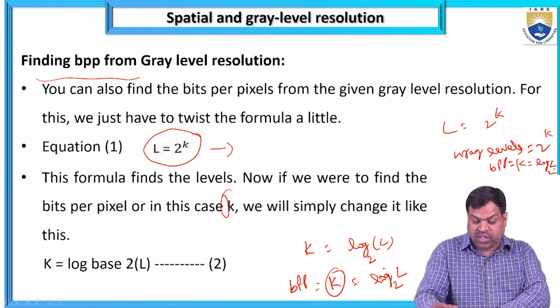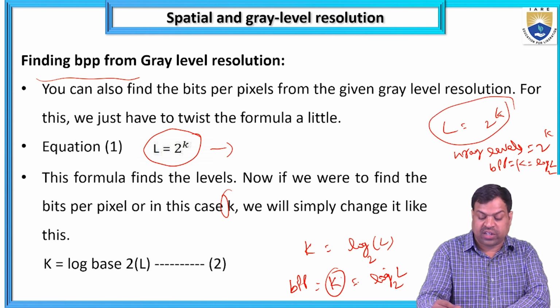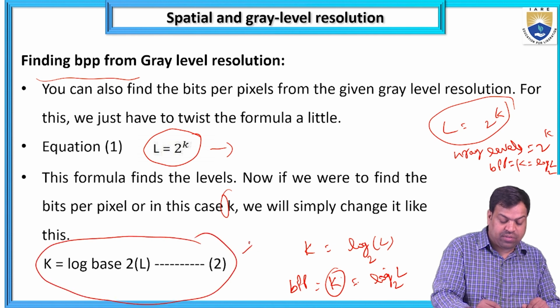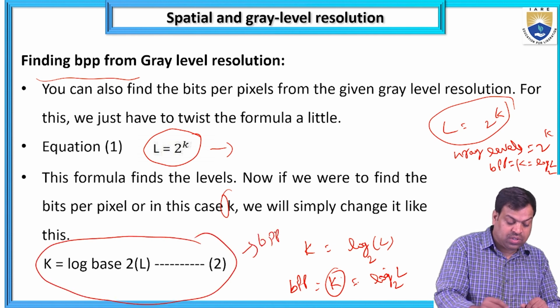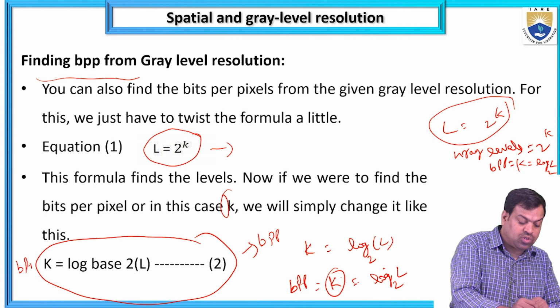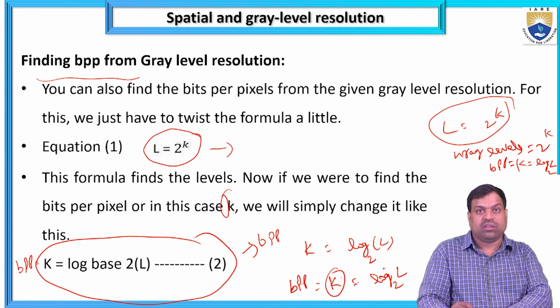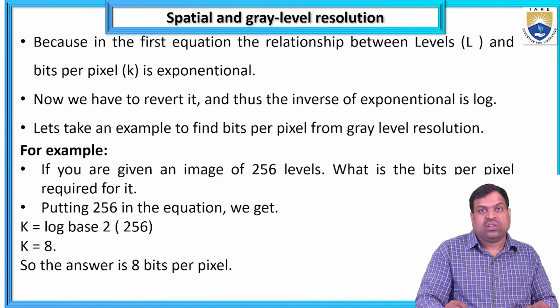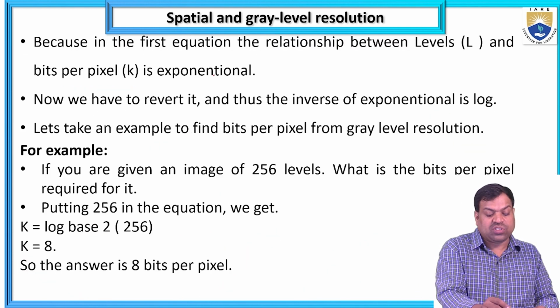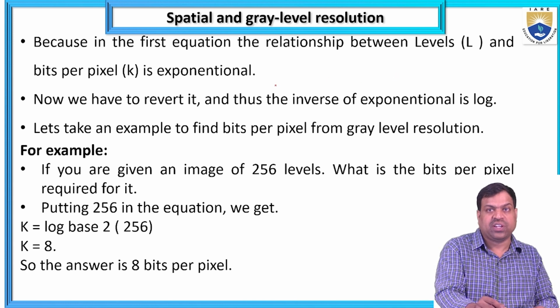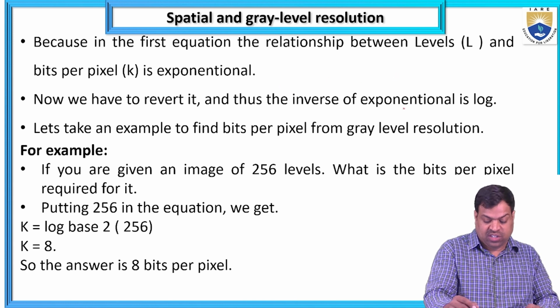So the first equation finds the gray levels, and this equation finds the BPP. Here BPP is equal to k is equal to log L base 2, because in the first equation the relationship between levels L and bits per pixel k is exponential.